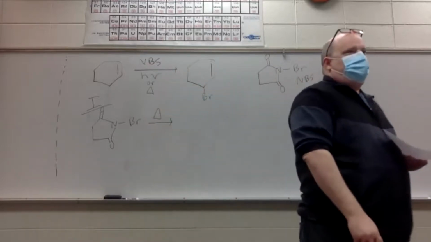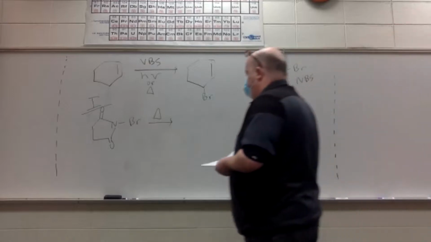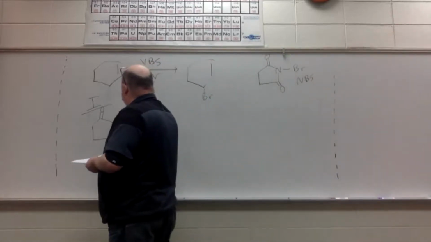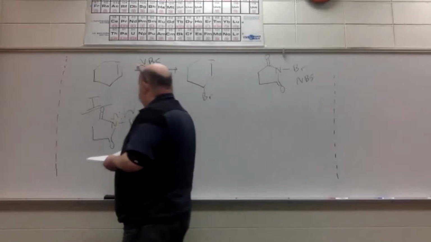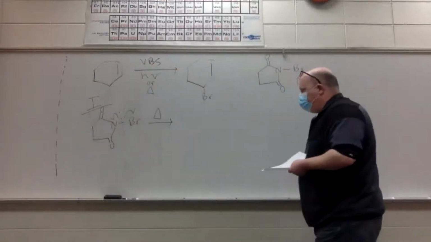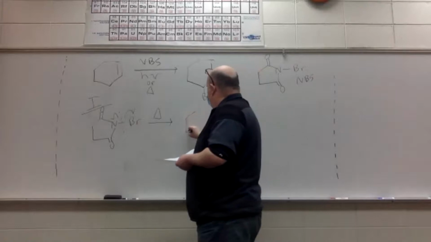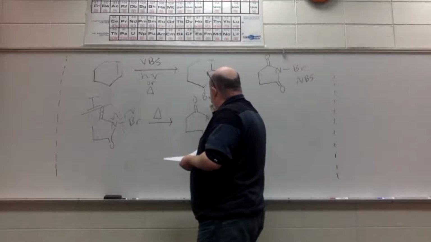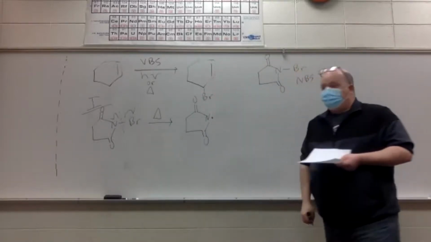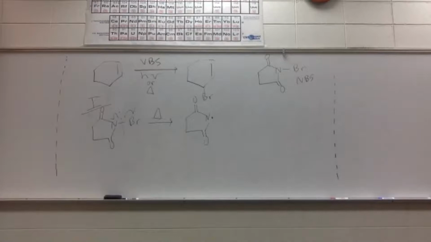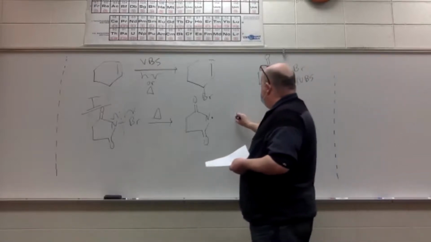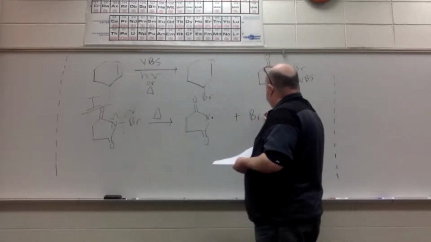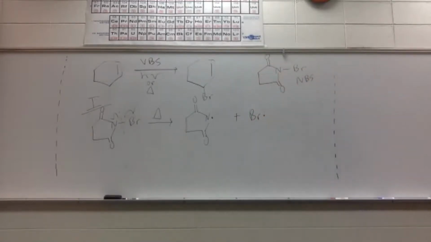This is going to cause that nitrogen to bromine bond to break apart, split right down the middle, and you're going to form two radicals. You form a nitrogen radical, which honestly we don't care about anymore. This does nothing else. The more interesting one is the Br radical. That's where we make our money.